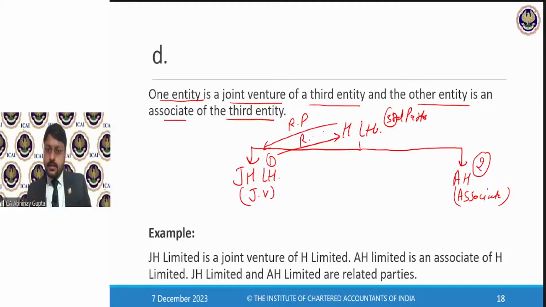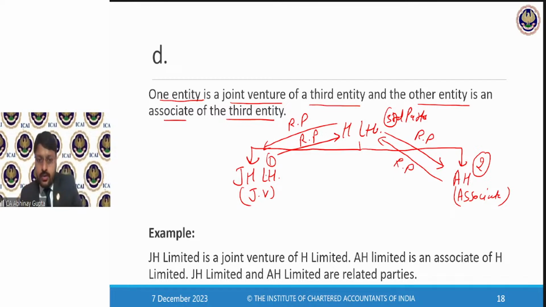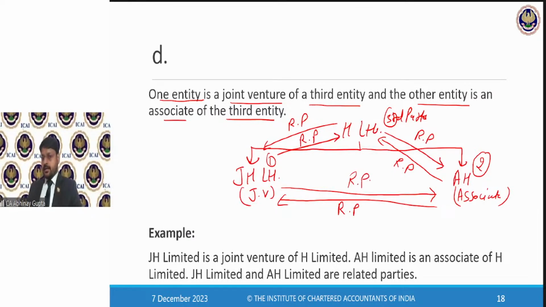Yes. H Limited to the associate. Yes, associate to H Limited. Yes. Right? Now, JH Limited to AH Limited and AH Limited to JH Limited. Yes, and yes. Clear?